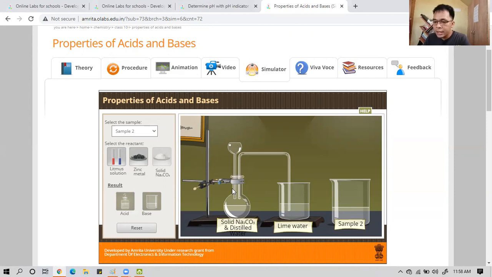Earlier, what we used was phenolphthalein; here, we will use sodium carbonate dissolved in distilled water. So, sodium carbonate aqueous solution, and we have lime water.